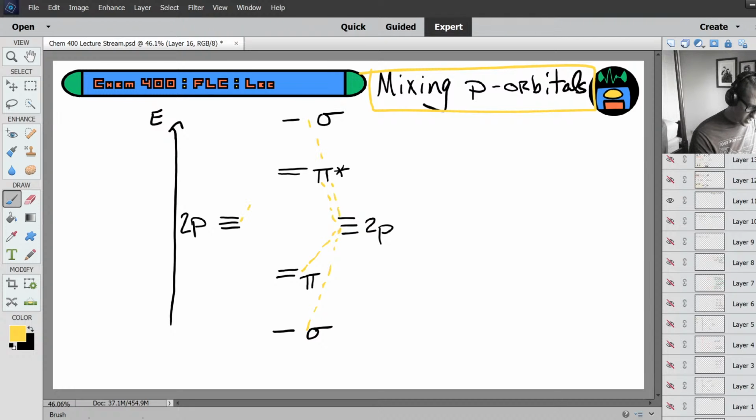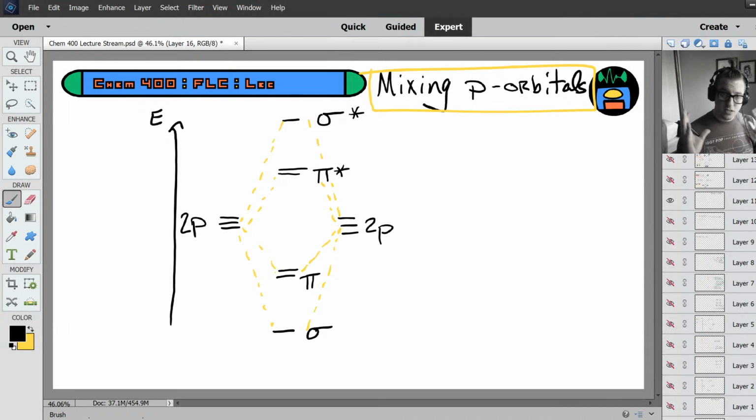So you do dashed lines from the p orbitals that are forming the pi star, sigma, and sigma star, and all of those molecular orbitals. I realized I forgot to put my star up by my antibonding orbital. All right. So that is how you show your p orbitals mixing.